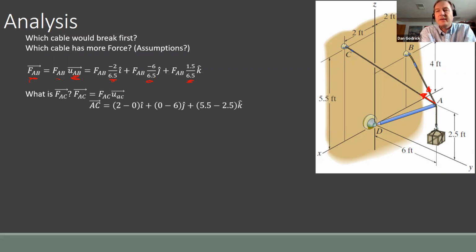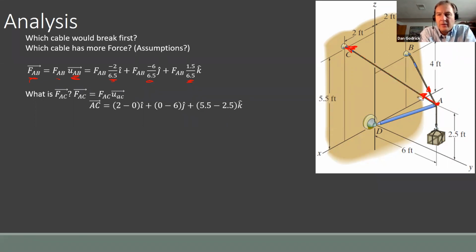So if we know AC, so now AC is this whole length there from A to C. It's 2 minus 0 in the I, 0 minus 6, so C's at 0 in the Y, minus a positive 6 in the J, or in the Y, oops. And then in the Z direction, this is 5.5 minus 2.5 for A. So 5.5 for C, minus 2.5 for A in the K direction.